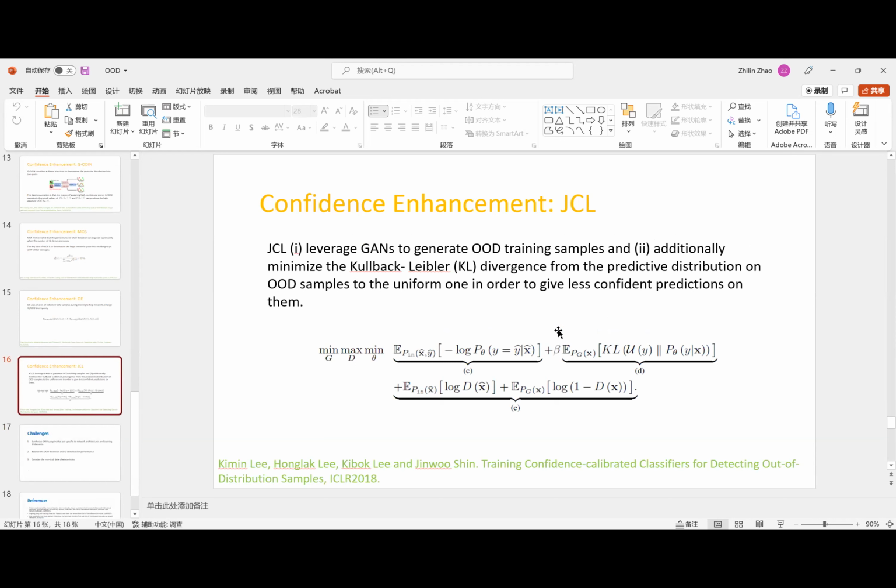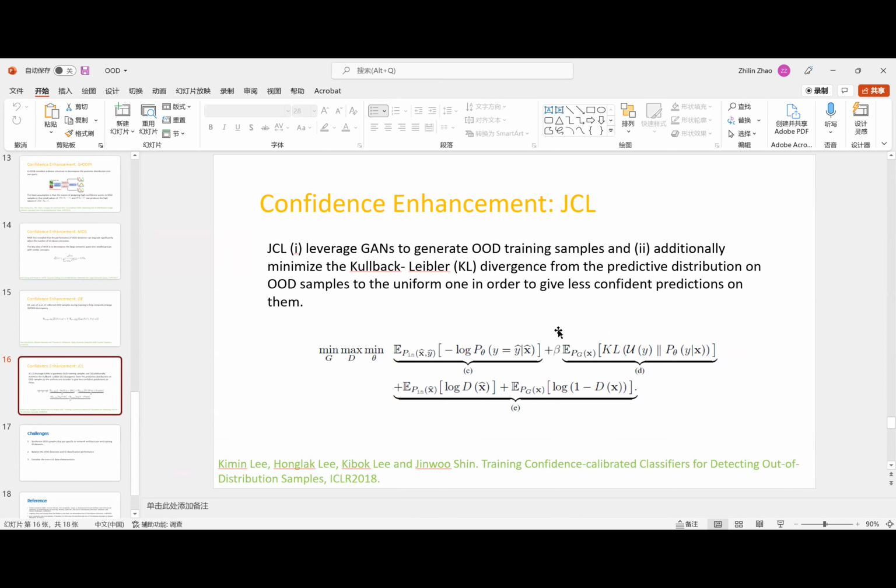Okay, in practice, it may be very hard for us to obtain OOD samples in the training phase. So this algorithm, JCL, tries to generate OOD samples for the training phase.